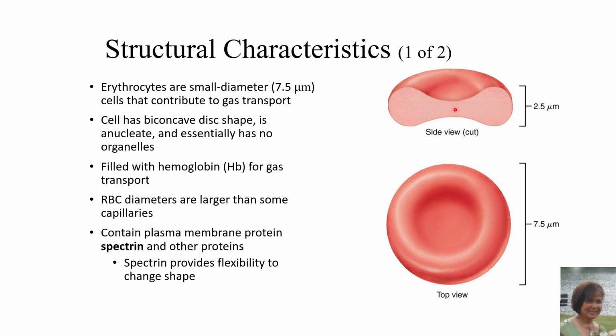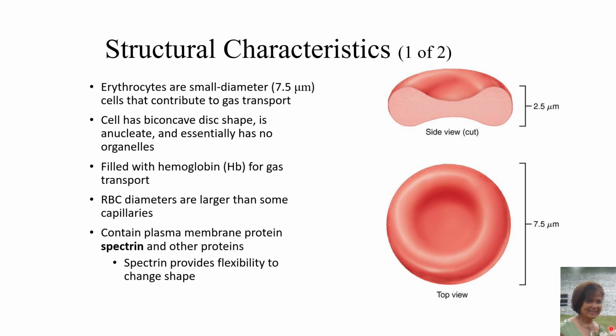It doesn't have any nucleus anymore, so it is sunken on both sides, which is why you call it biconcave. What fills this biconcave disc-shaped cell is nothing but 97% hemoglobin, and the hemoglobin is involved in gas transport.